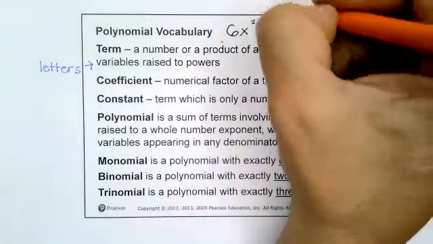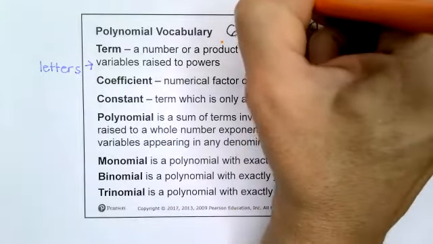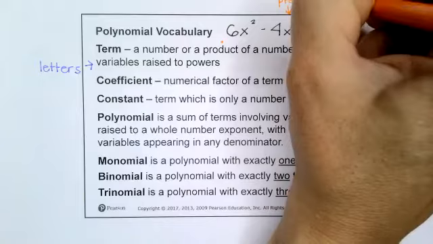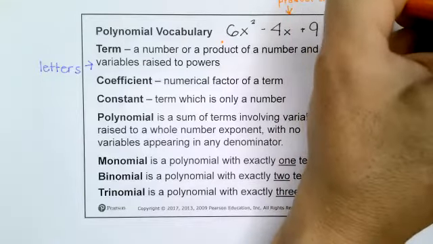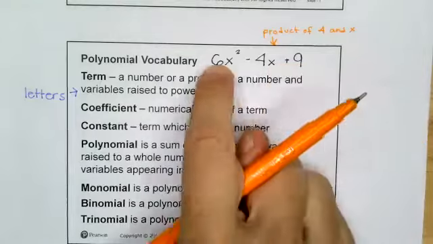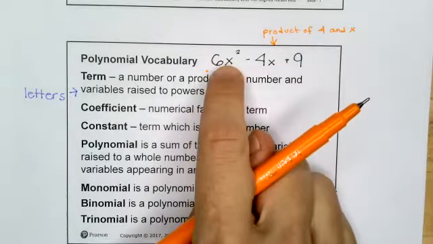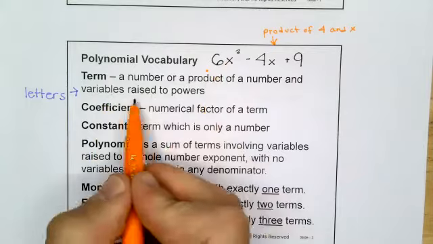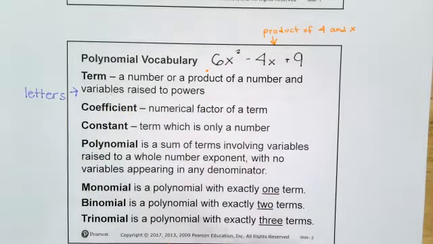Here, this is a product. This is the product of 4 and x. This is just the number 9, and this is the product of 6 and x squared.